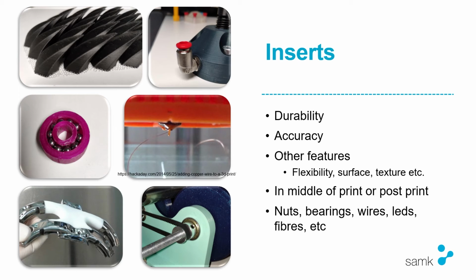You just have to take that into consideration in your print. Even copper wire can be inserted into the print, as you can see in the image in the middle. There's copper wire coming with the melted plastic. And this can really be done in the middle of the print or post-print.